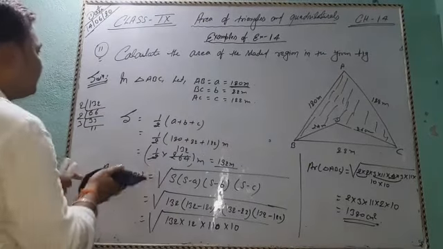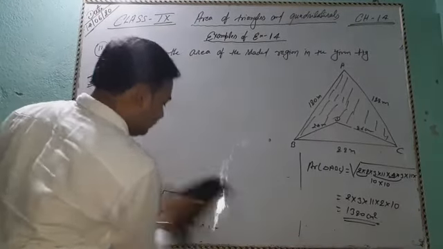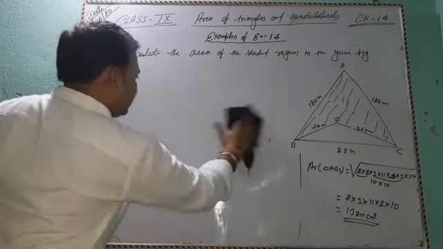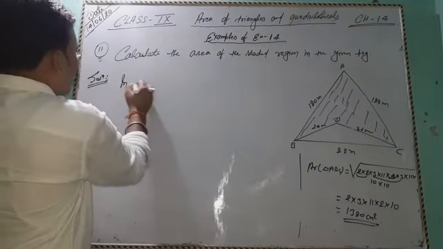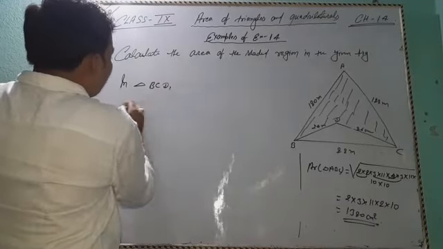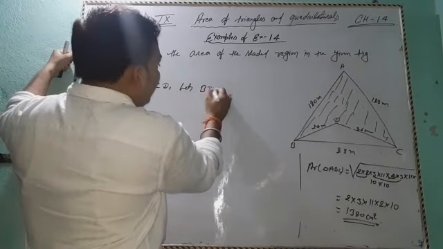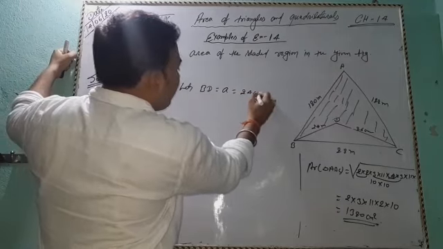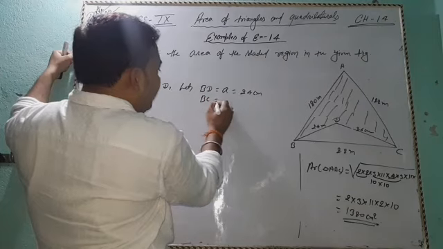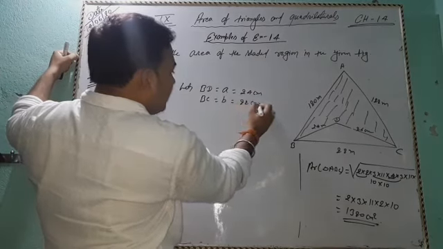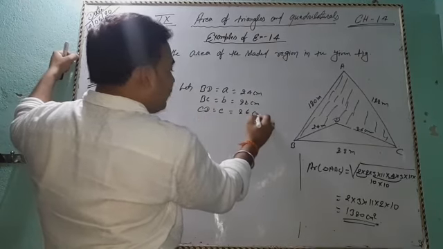Okay, so in triangle BCD, let BD equal to a equal to 24 centimeter, BC equal to b equal to 22 centimeter, and CD equal to c equal to 26 centimeter.